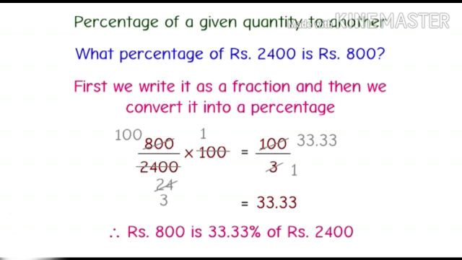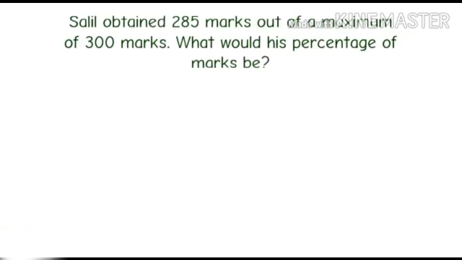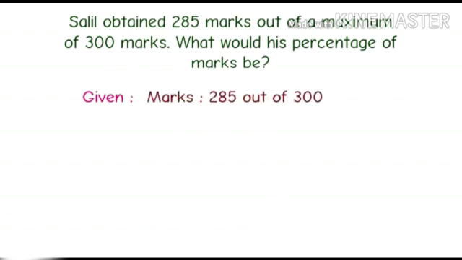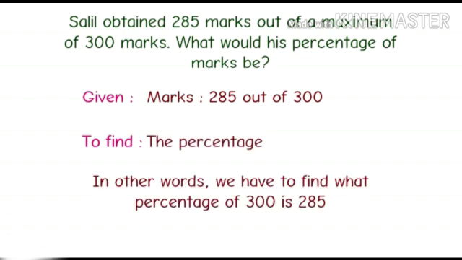Salil obtained 285 marks out of a maximum of 300 marks. What would his percentage of marks be? Given data, marks 285 out of 300 to find the percentage. In other words, we have to find out what percentage of 300 is 285.